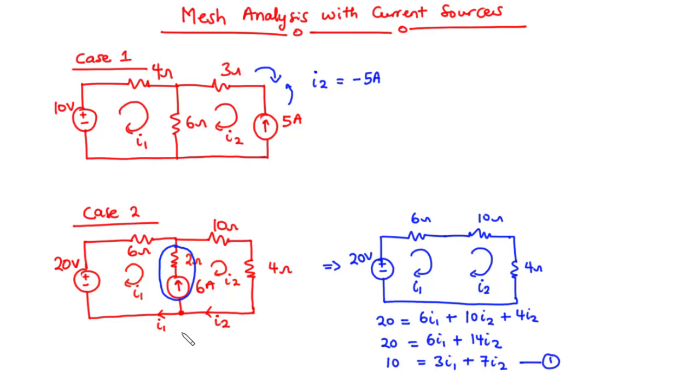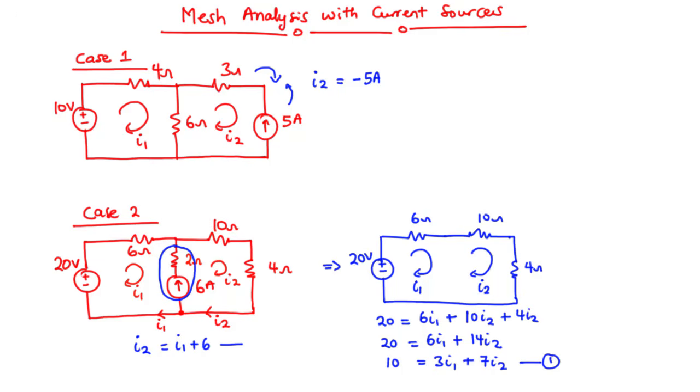So with this, applying KCL, we know that the sum of currents entering the node should be equal to the sum of currents leaving the node. So we have current I1 and then 6 amperes leaving, and then I2 entering. So we have I2 to be equal to I1 plus 6 amperes.